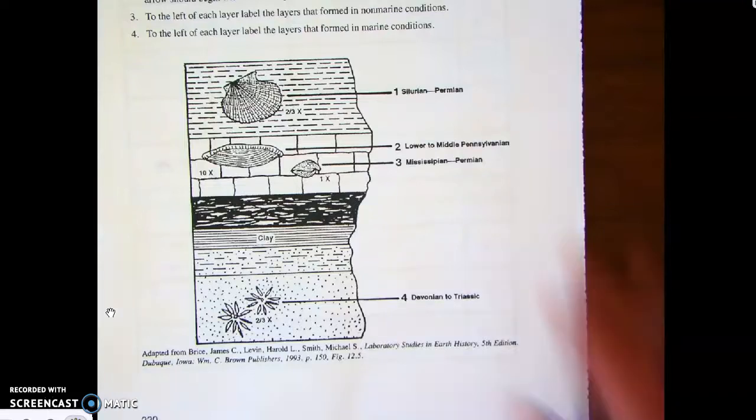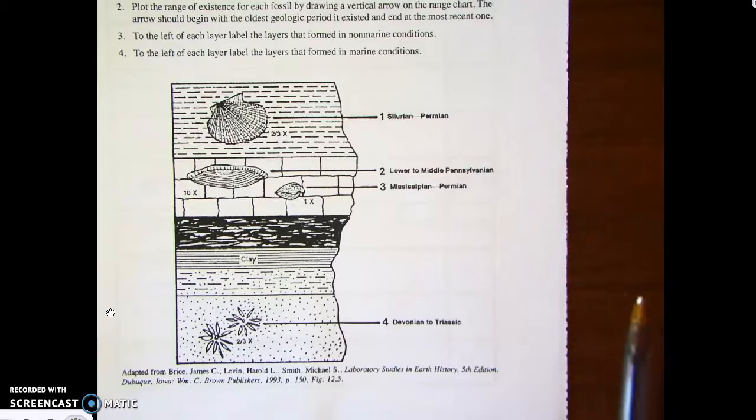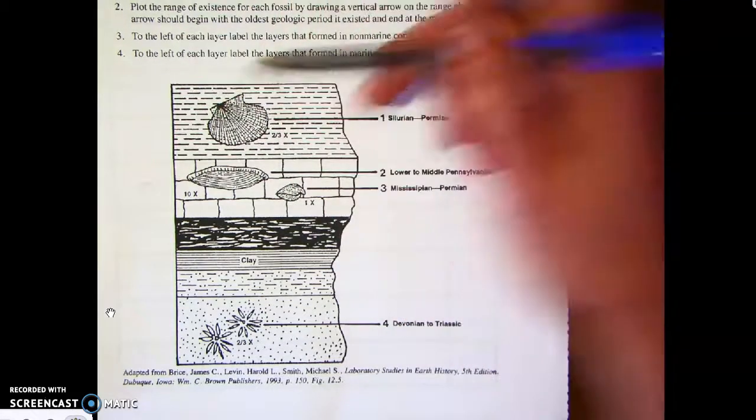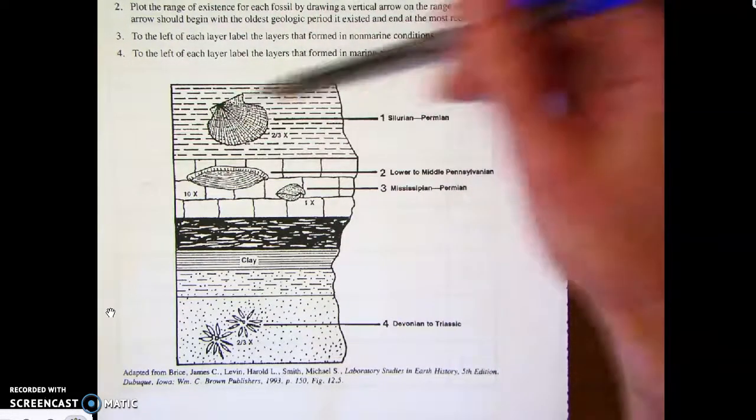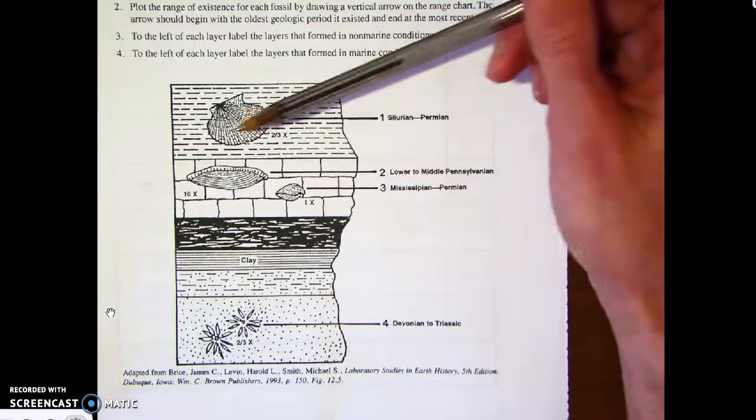If we look at marine versus non-marine, if we look at marine creatures, these are all shells. Here we have the Pelecypod. It's basically similar to a modern day clam.